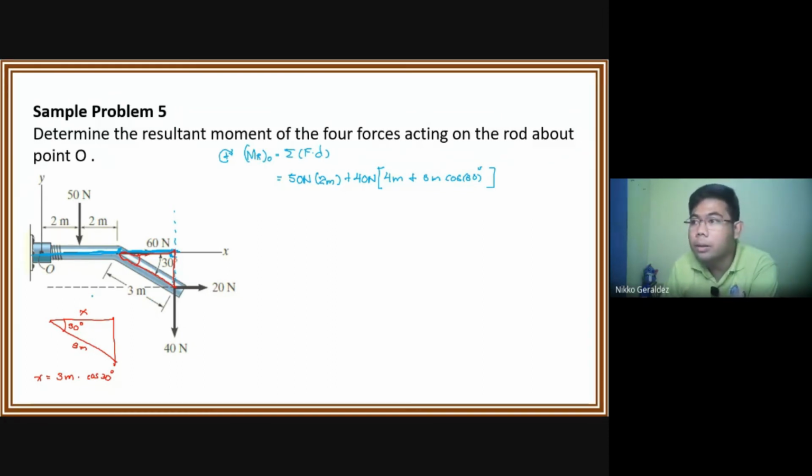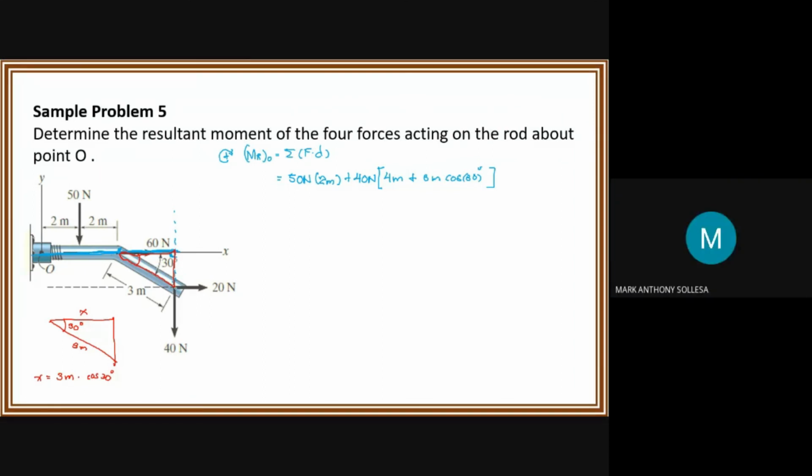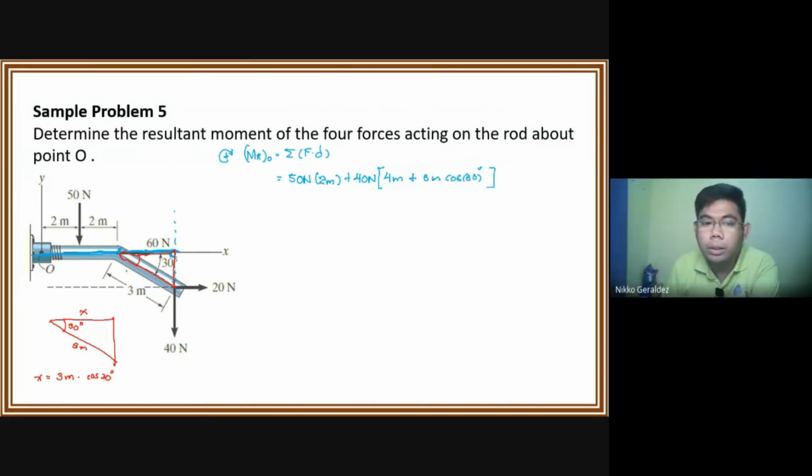Next, the 20 Newton. Clockwise or counterclockwise? Counterclockwise. So that is negative 20 Newton times the perpendicular distance. Extend the line of action again, the dash line, and create a perpendicular line.